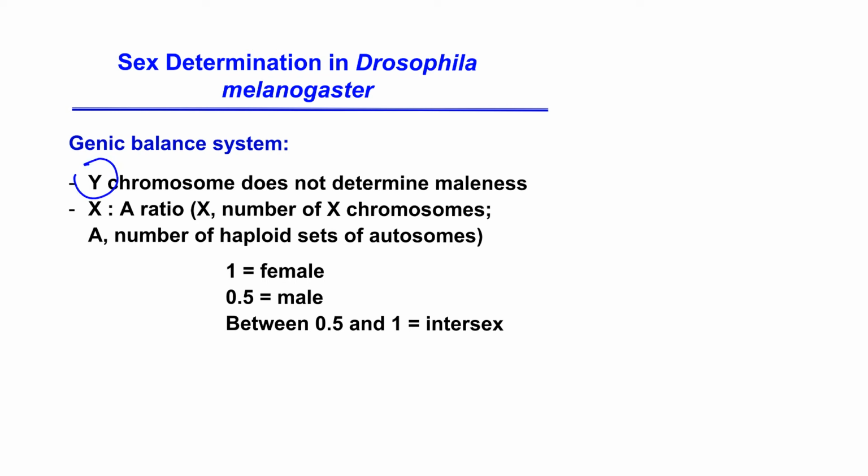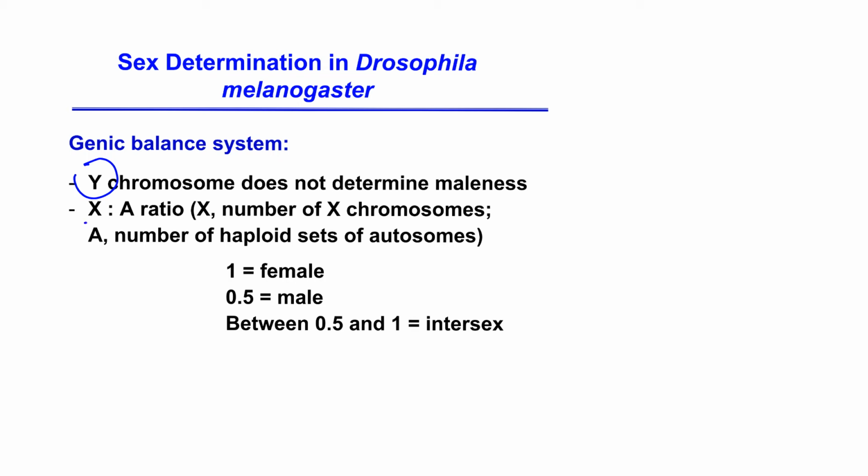The sex is determined by the balance of female determining genes, which are located on X chromosomes, and male determining genes, which are localized on autosomes. So the sex is determined by the ratio of X chromosomes to sets of autosomes.